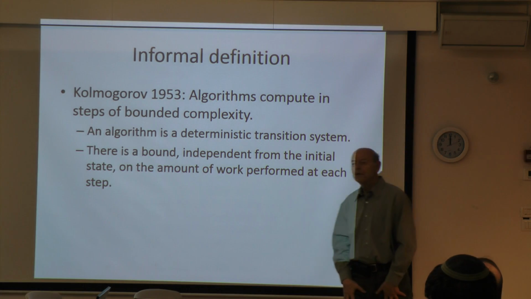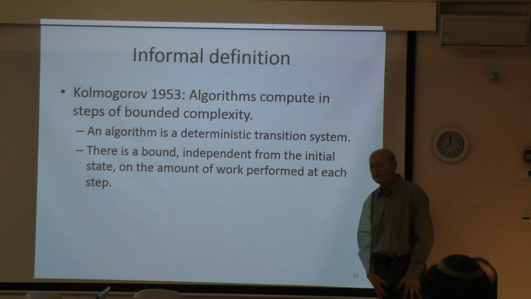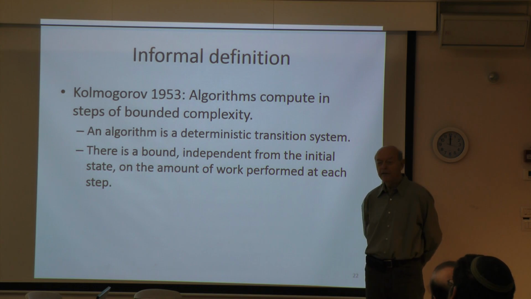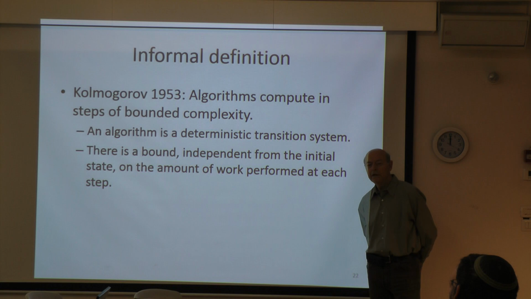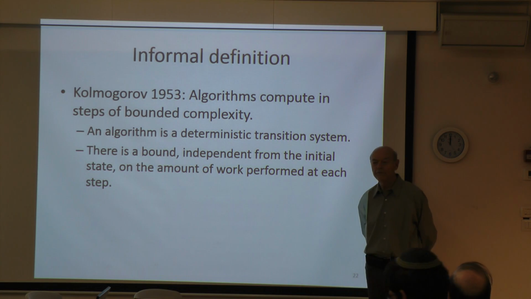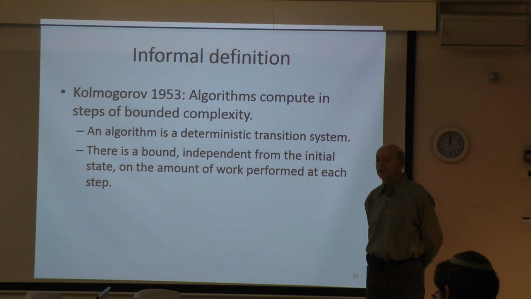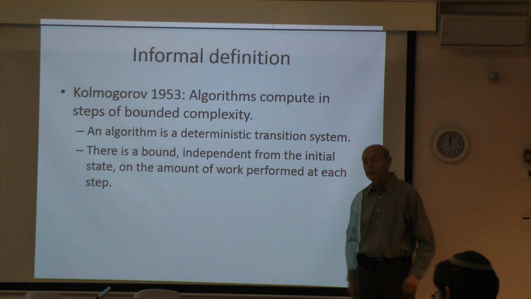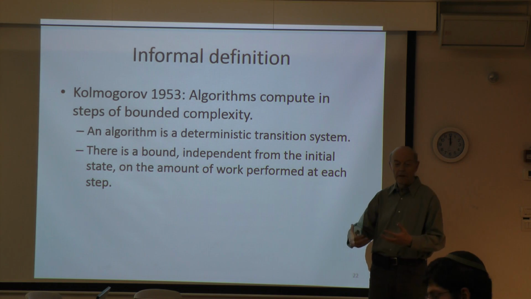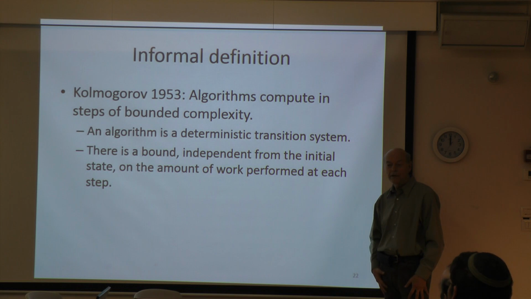Now, I mentioned that he possibly had a different foundational analysis. He didn't write anything about it, but Leonid Levin, his student, I think one of his favorite students, told me that Kolmogorov analyzed computation as physically developing in space-time, and came up with the Kolmogorov machine.